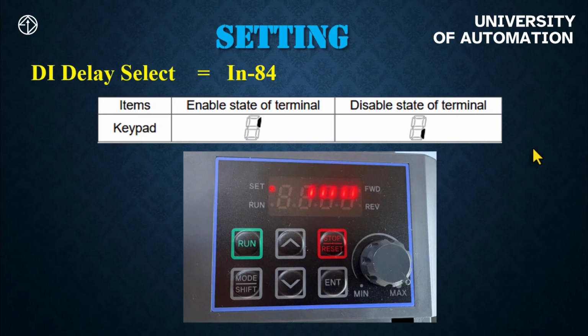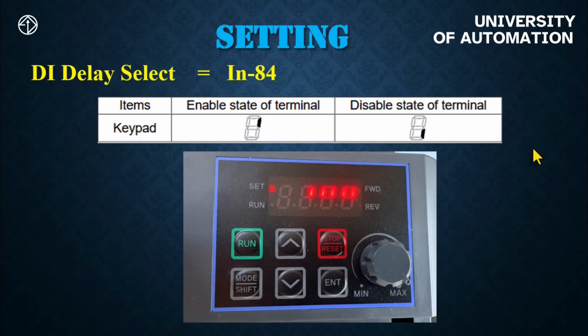In other words, after the period you have set, for example, 1 second, if your digital input receives the activation command, 1 second after you issue the activation command, that digital input will become active. Or if you have set a delay for turning it off after you issue the deactivation command, that digital input will be deactivated after the period you have set.